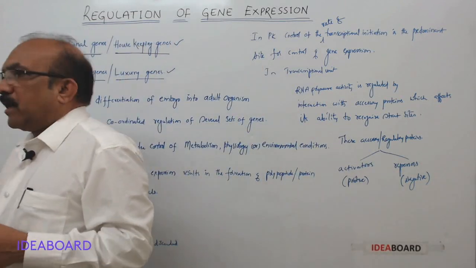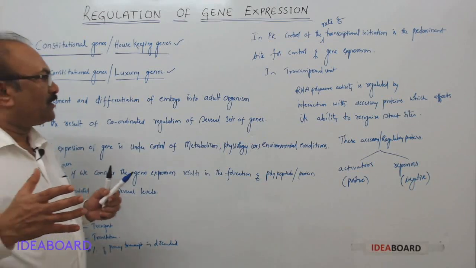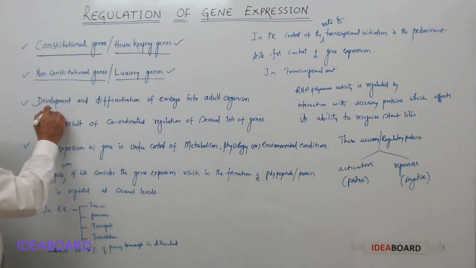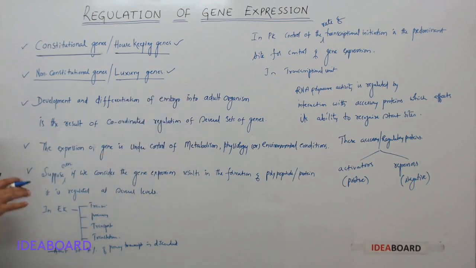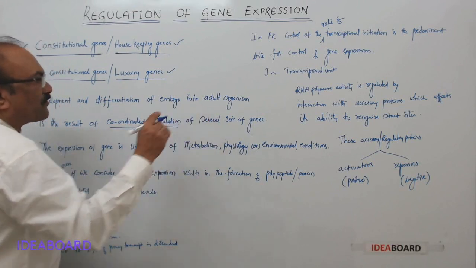And regulation of gene expression occurs right from the beginning. As soon as the zygote is formed and becomes an embryo, and the embryo develops into an organism, many sets of genes are regulated. Development and differentiation of the embryo into an adult organism is the result of coordinated regulation of several sets of genes.